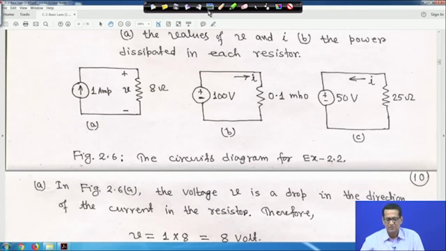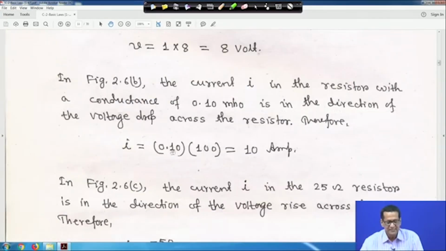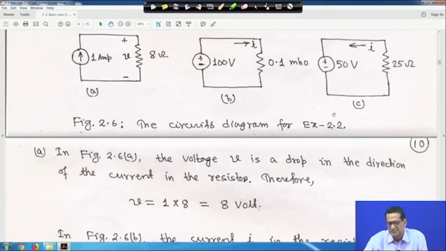In this case, we know I is equal to GV, that is G into V. G is 0.1 and V is 100, so I is equal to 10 ampere. So, I is equal to GV.